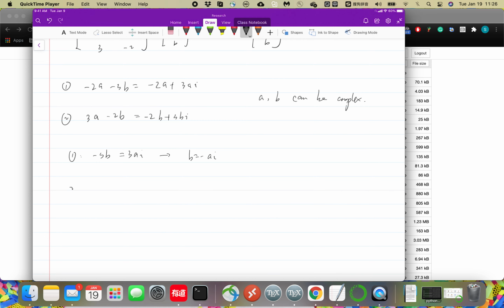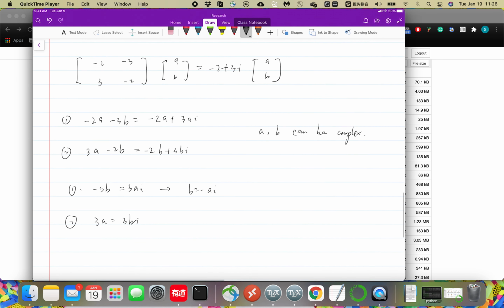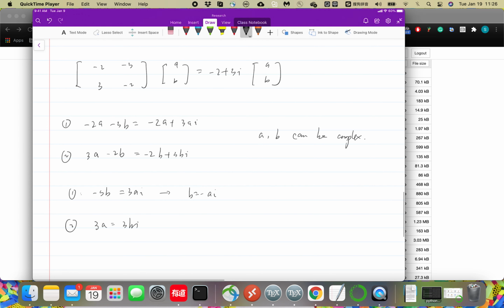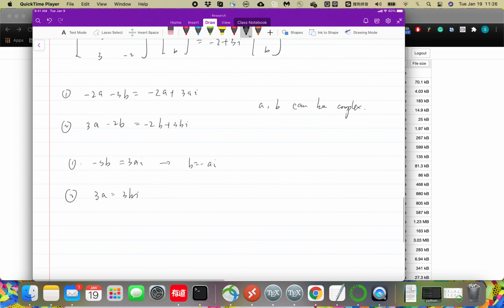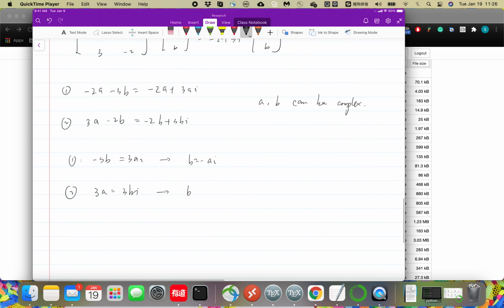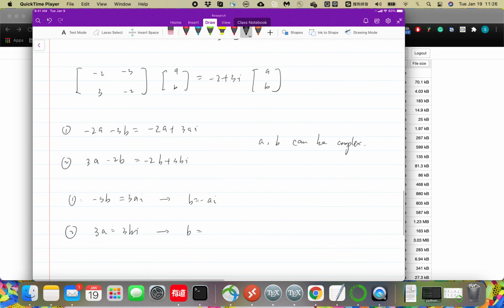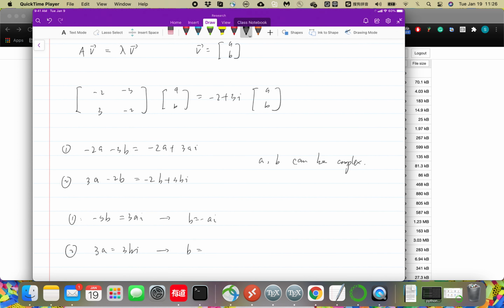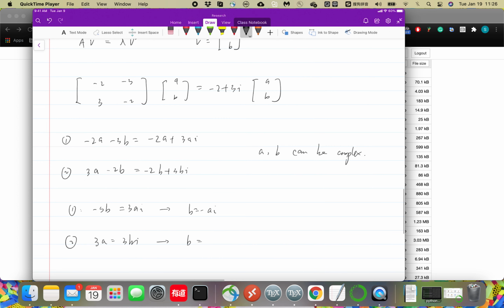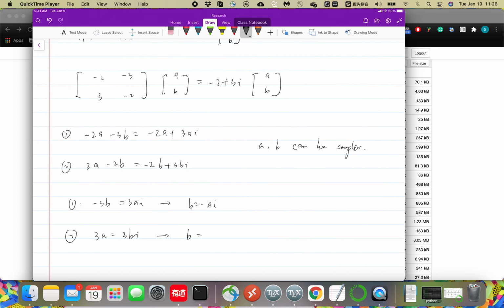Okay, and for number 2, you are going to have 3a equals 3bi. Yes, this implies b equals, somehow something is wrong. Did I copy the wrong thing? 3, -2, no problem. -2 plus 3i plus 3ai -b. Okay, then this equals that.